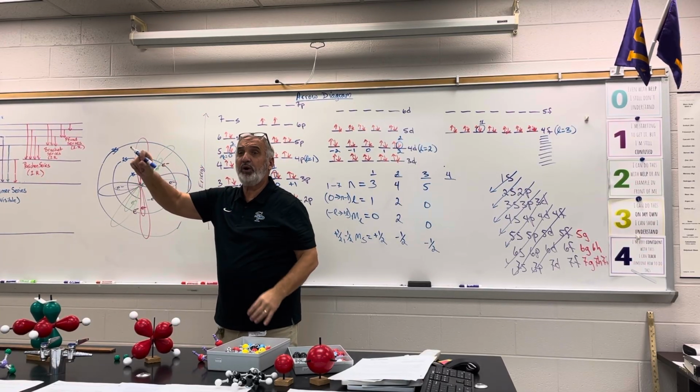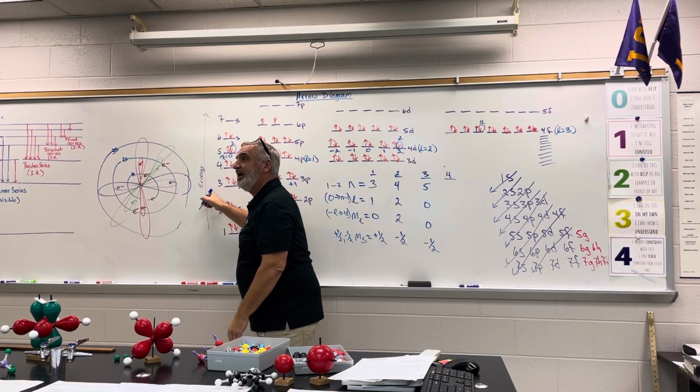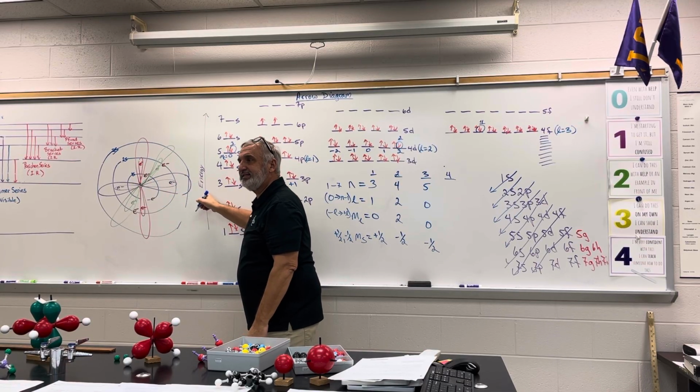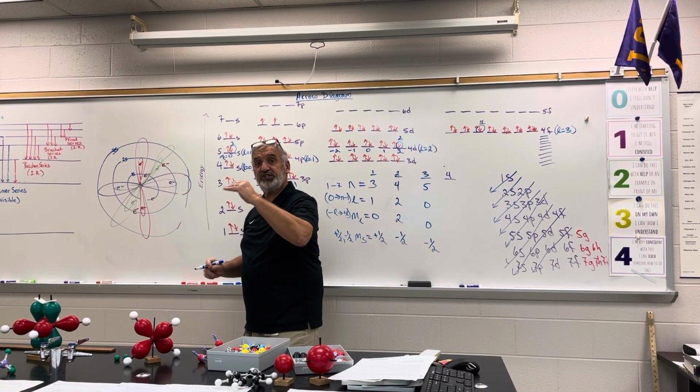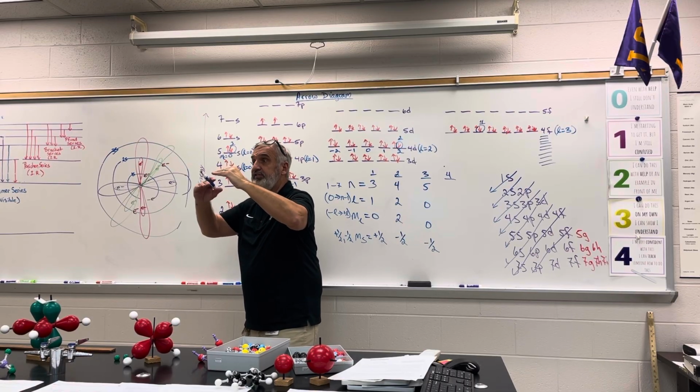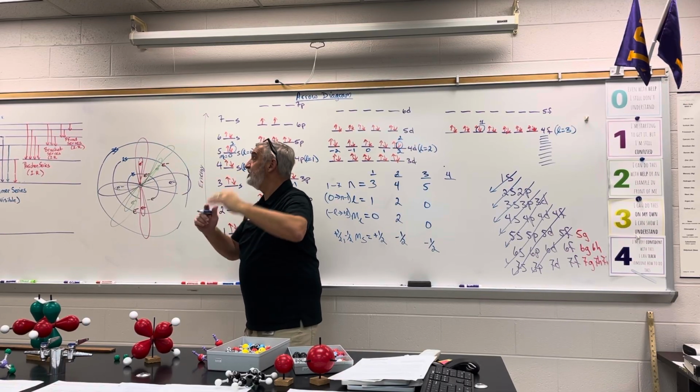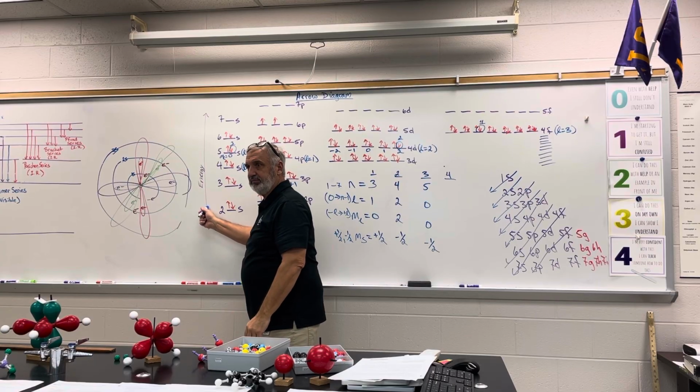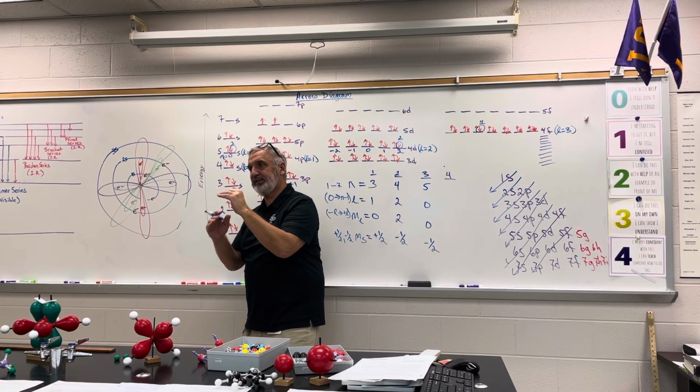Now listen, this is important. You guys are all seeing this as a distance chart. This is not distance from the nucleus. Electrons on the 6th energy level are farther from the nucleus than electrons on the 5th and the 4th. This is an energy diagram. This is how tightly held the electron is.